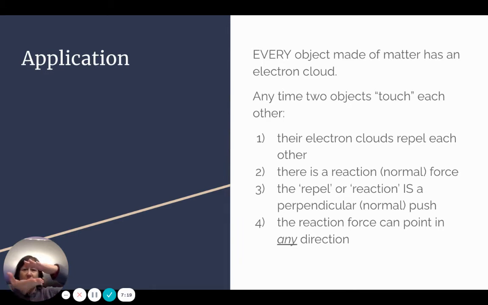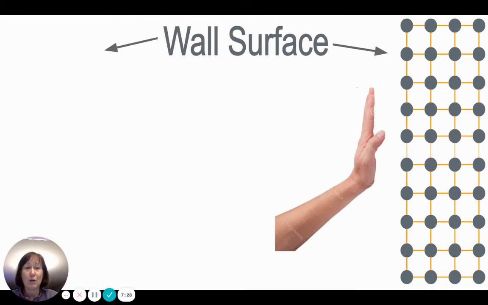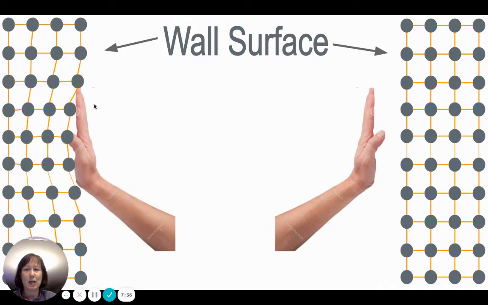So if I have a table and then I push my hand down, the push is up, okay? But what if I have a wall and I'm pushing sideways? The electrons on my hand repel the electrons on the wall, so they move them closer to each other.